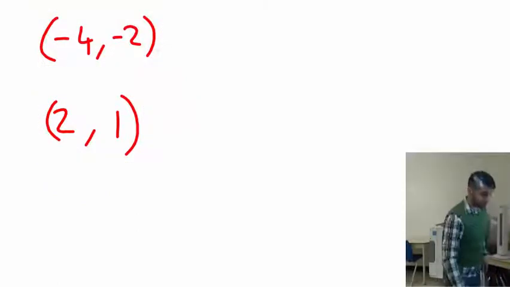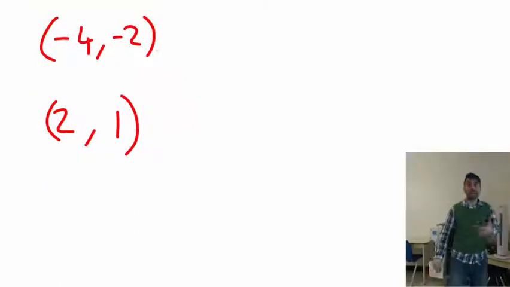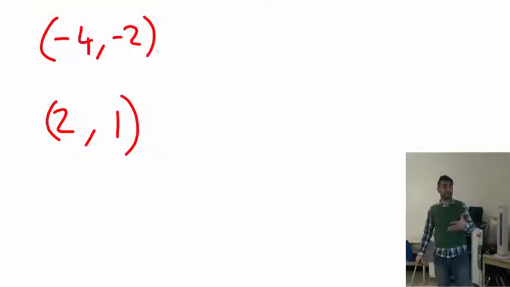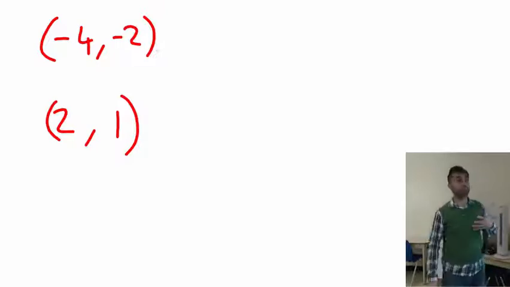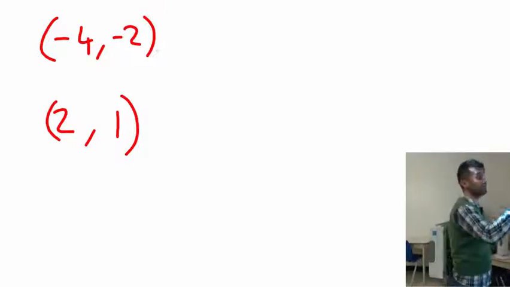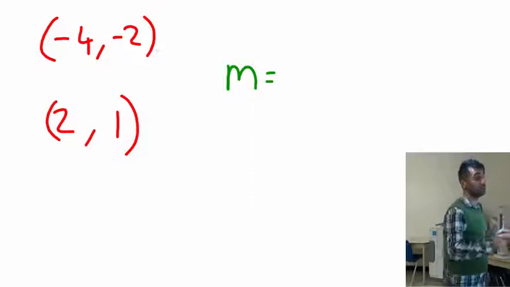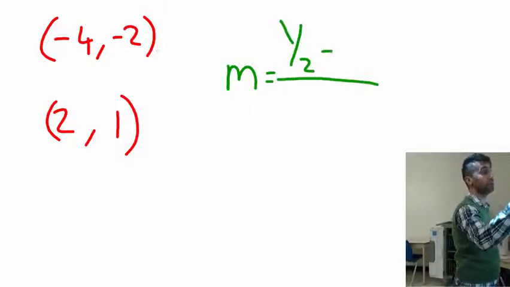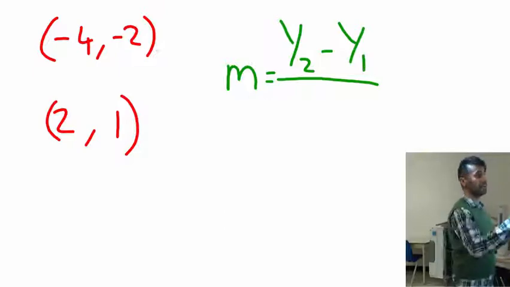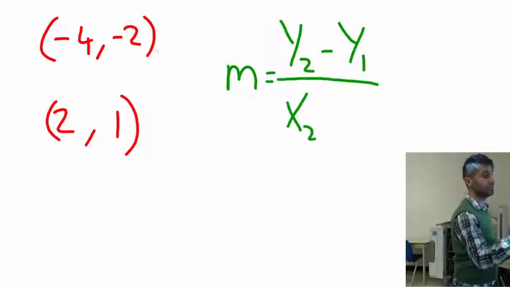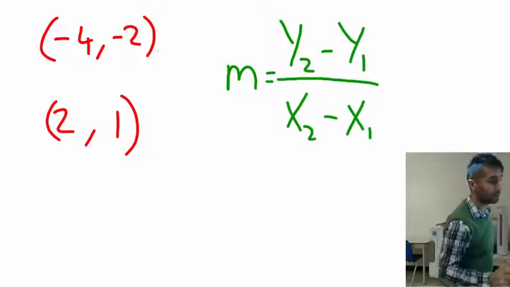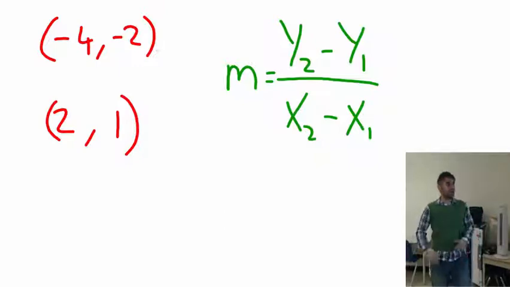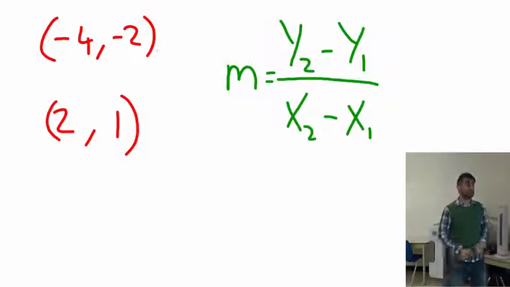Once you have the coordinates, now we need to label, because we are going to use the formula, which is slope equals y2 minus y1 over x2 minus x1. Which ones are the x's and y's?